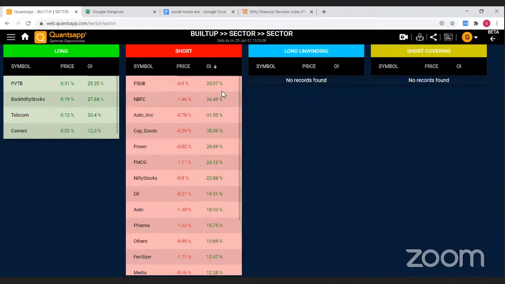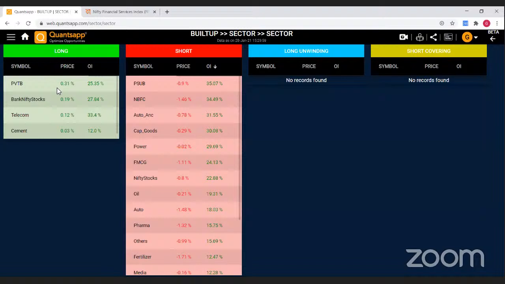But if you see the private bank and Bank Nifty, the OI was quite good for the private bank and Bank Nifty stocks, telecom, cement. So here the OI is increasing, so market participants are looking here as well, and the prices are also increasing.